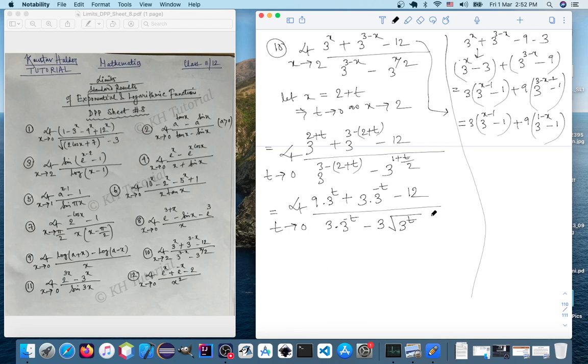When t tends to 0, what is 3 to the power t? If we substitute, t tending to 0 implies 3 to the power t tending to 1, since 3 is greater than 1.